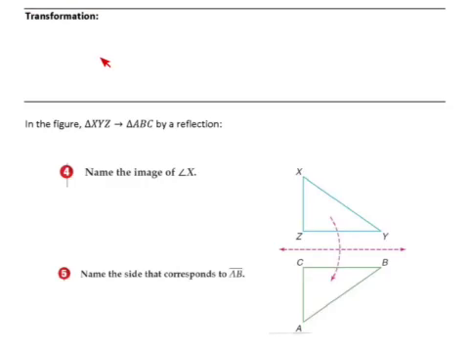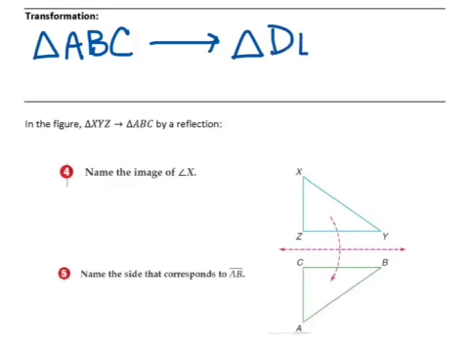A transformation is a one-to-one mapping, but we use symbols to describe this one-to-one mapping. So in the diagram that we just did, we would use notation as triangle ABC was mapped to triangle DEF. And this mapping is called a transformation.